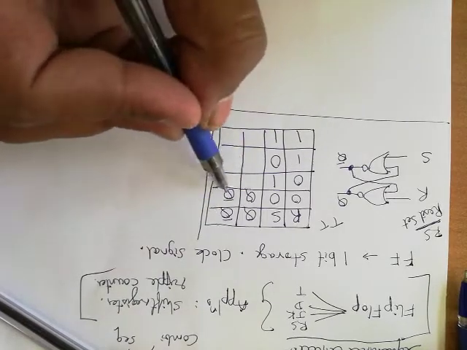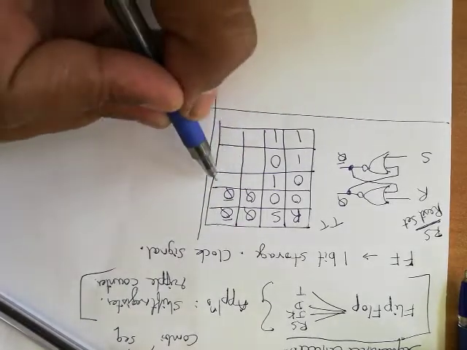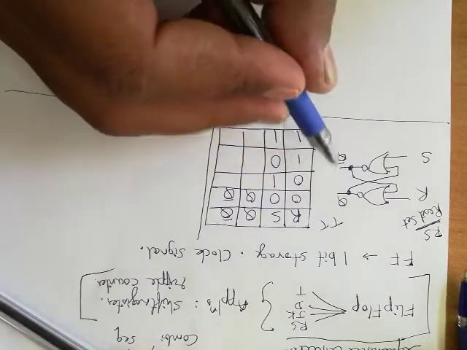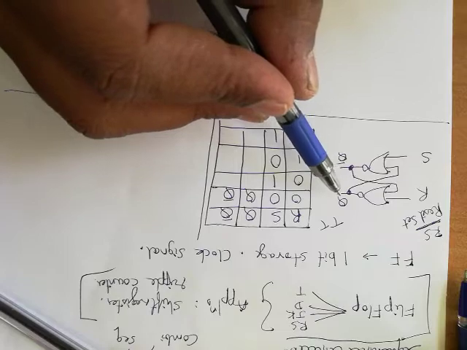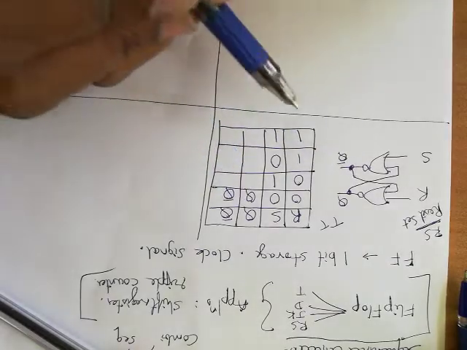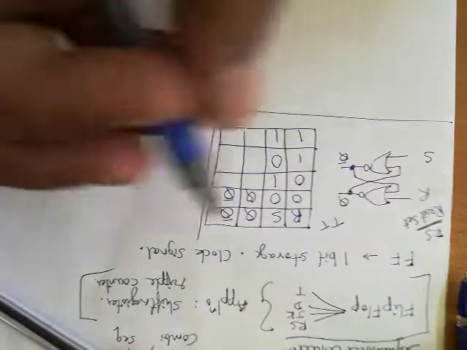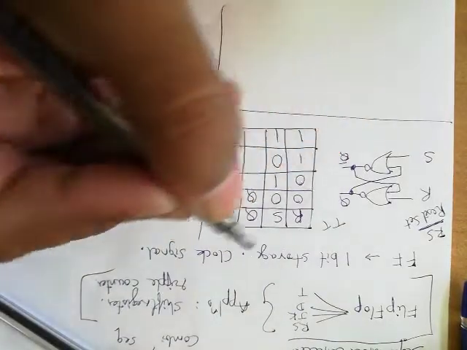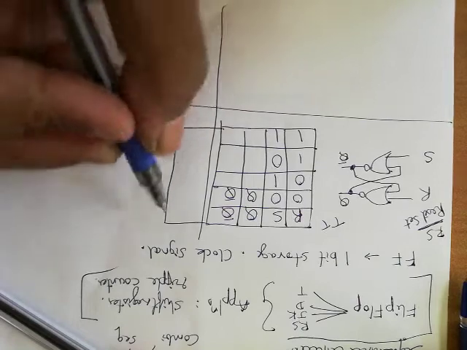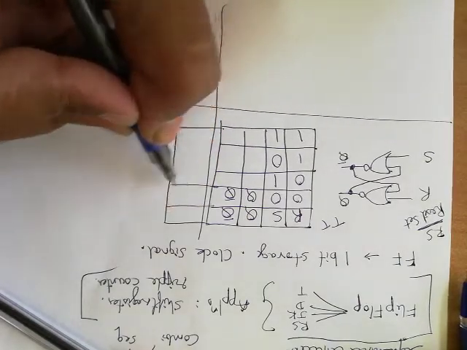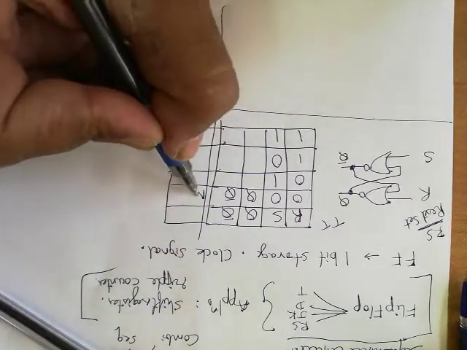Q bar remains same. Means if our earlier answer was 0 1, answer will be 0 1. If earlier answer was 1 0, answer will be 1 0. We'll call this as no change state. Okay, I'll extend this table here. We call this as no change.